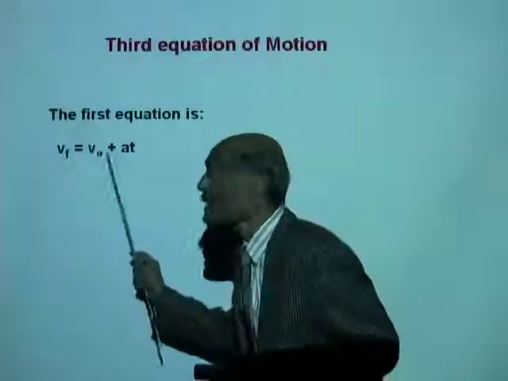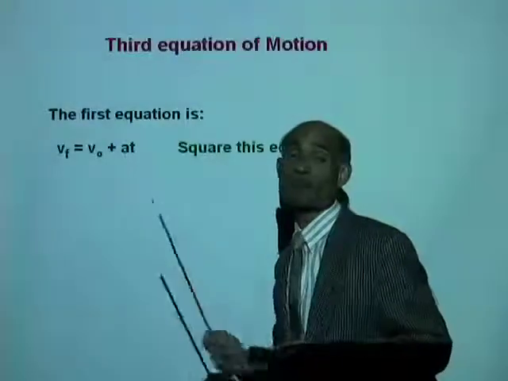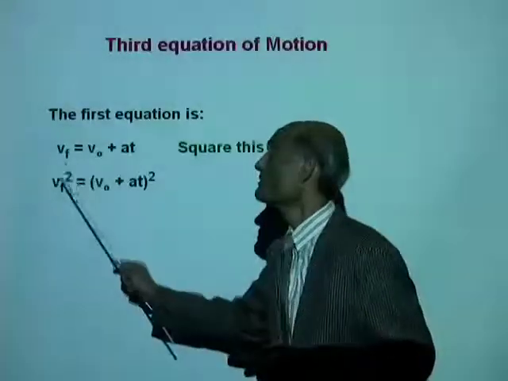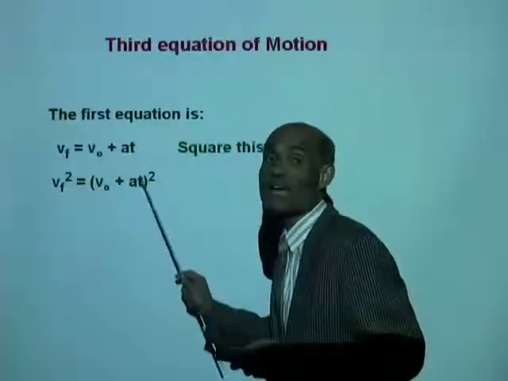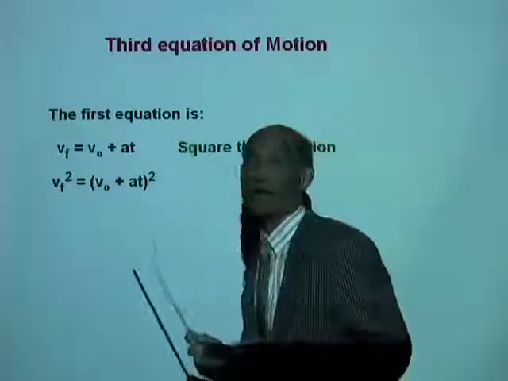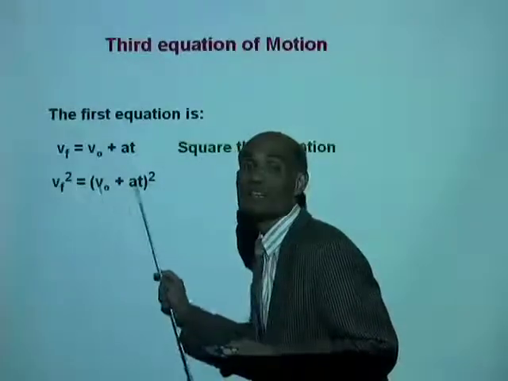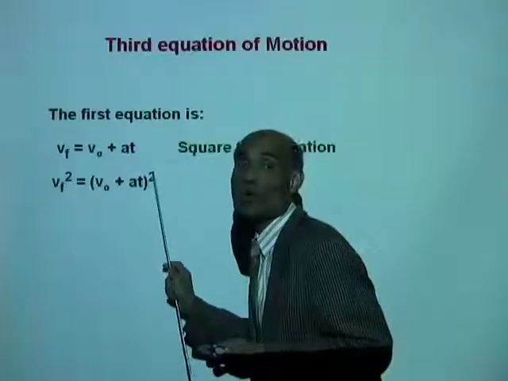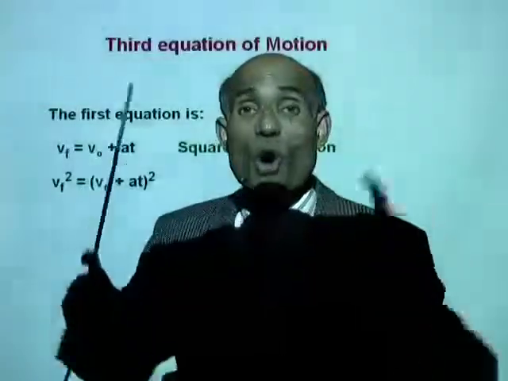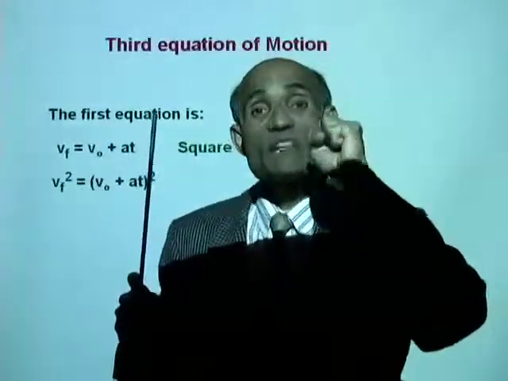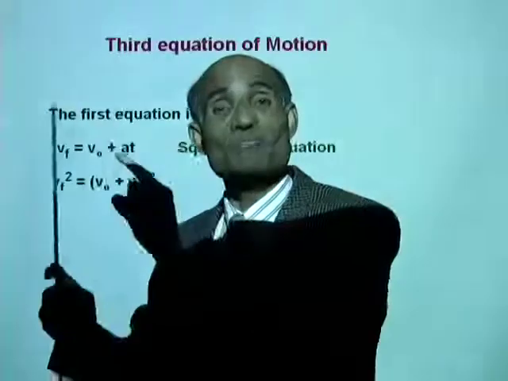I'm going to square both sides of this equation. Can you square both sides of this equation? Vf squared equal to (V0 plus AT) all squared. Now I hope you know how to expand a squared term like this. A plus B all squared is A squared plus 2AB plus B squared.